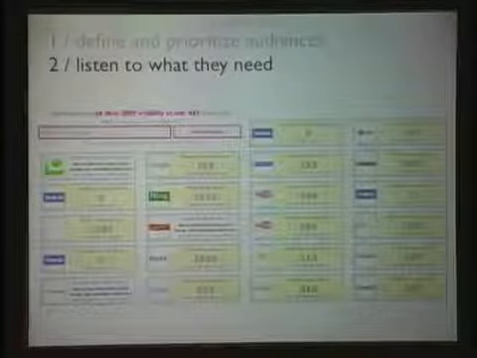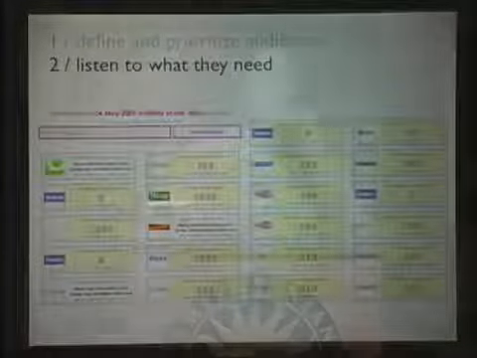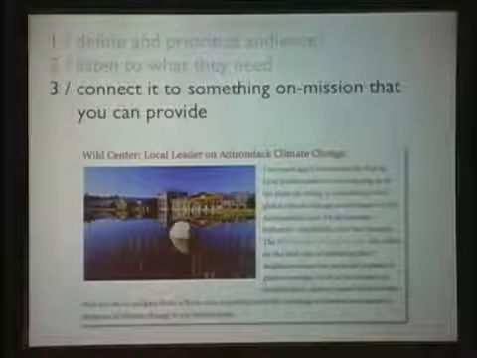And there are a lot of these sites that can help you listen so that you don't have to be constantly going out and hunting and pecking and finding out what people are saying, not just about your institution, but maybe about a particular program, a particular type of content that you are interested in, and really find out, what are people saying, what are people wishing they could do, what do they have, what don't they have available to them. And then find a way to connect to it.